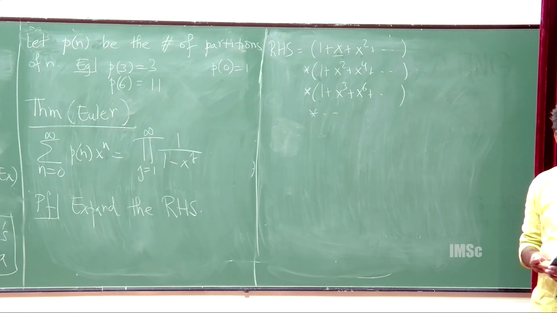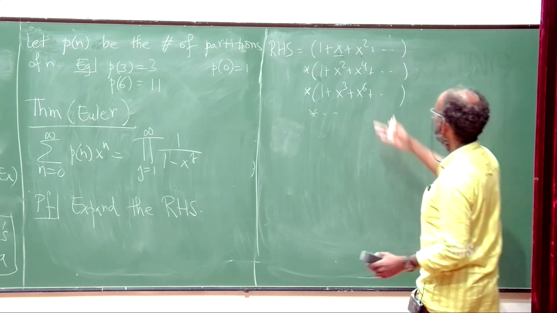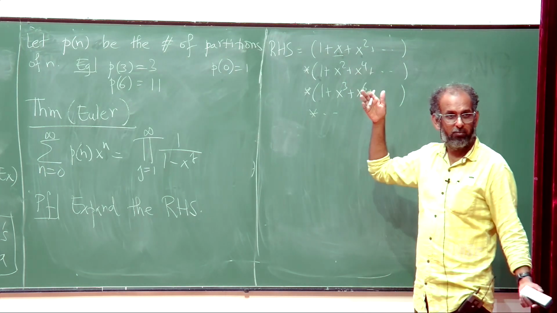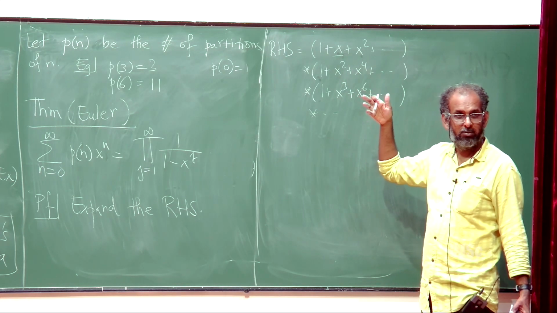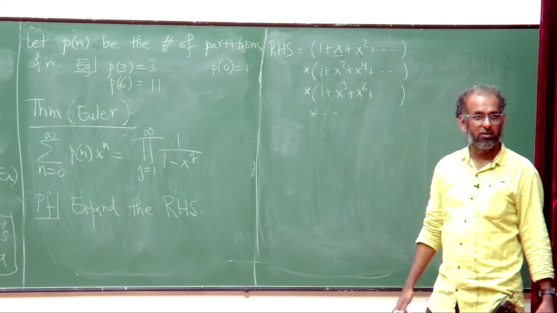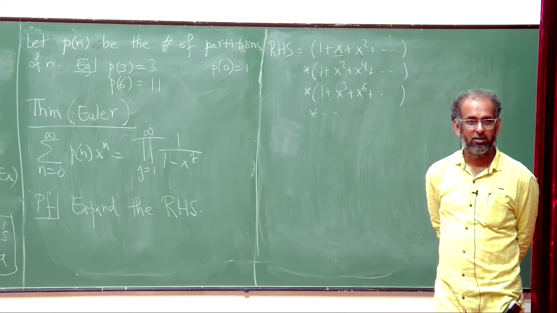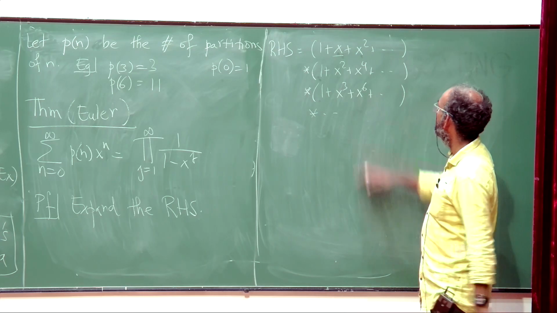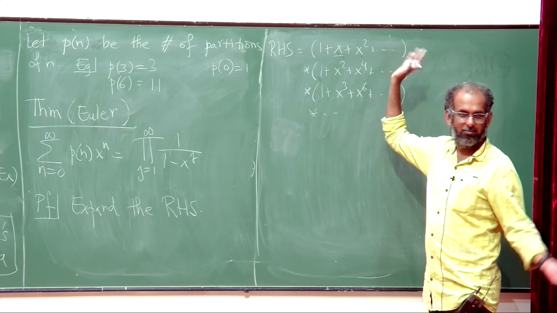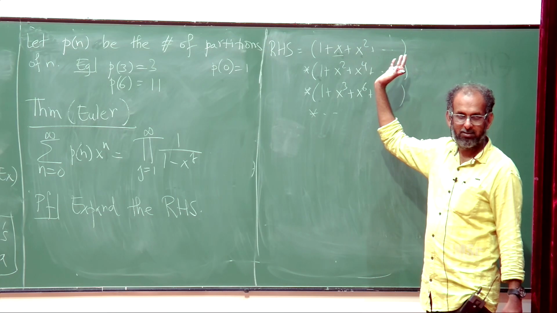Because if we take anything other than x from the first one, it will either be 1 or it will be some x to the power k, where k is greater than 1. So the product will always give you something greater than 1.